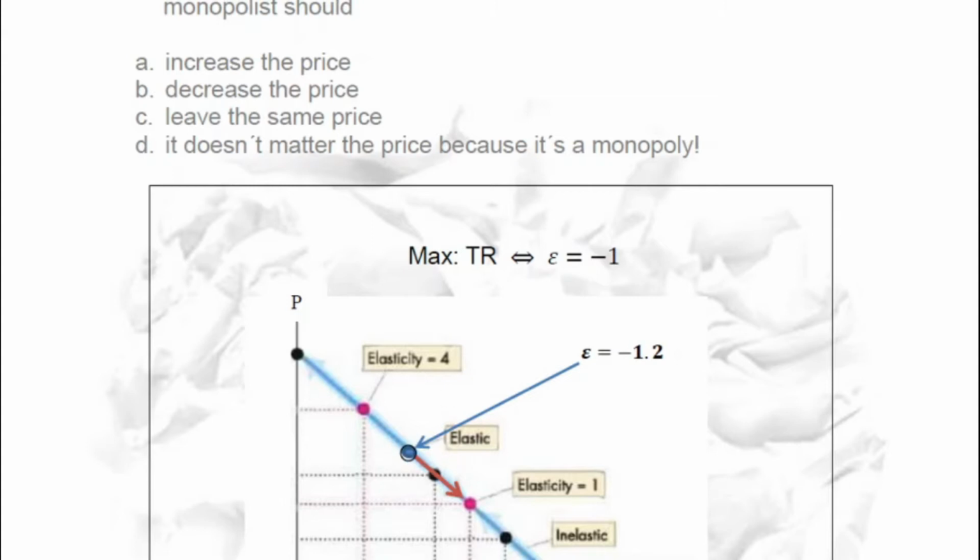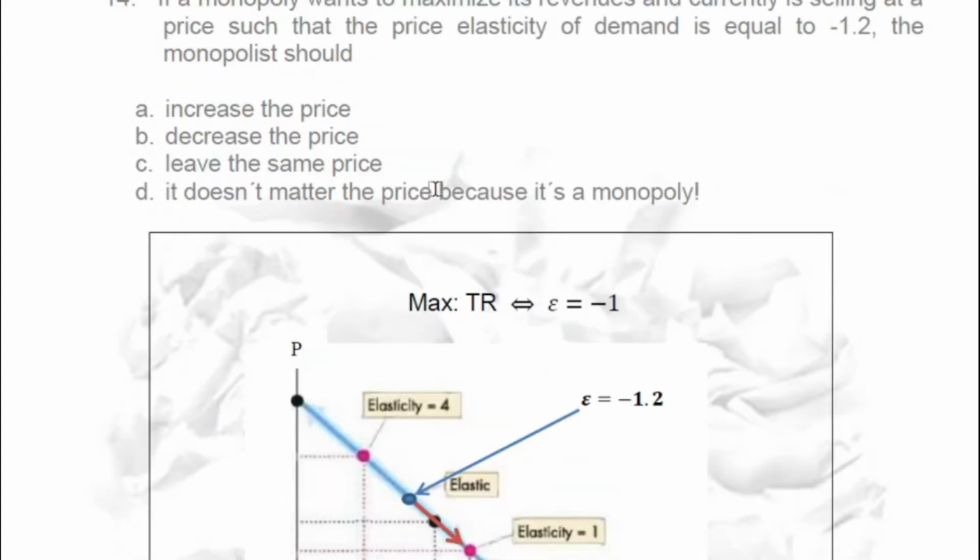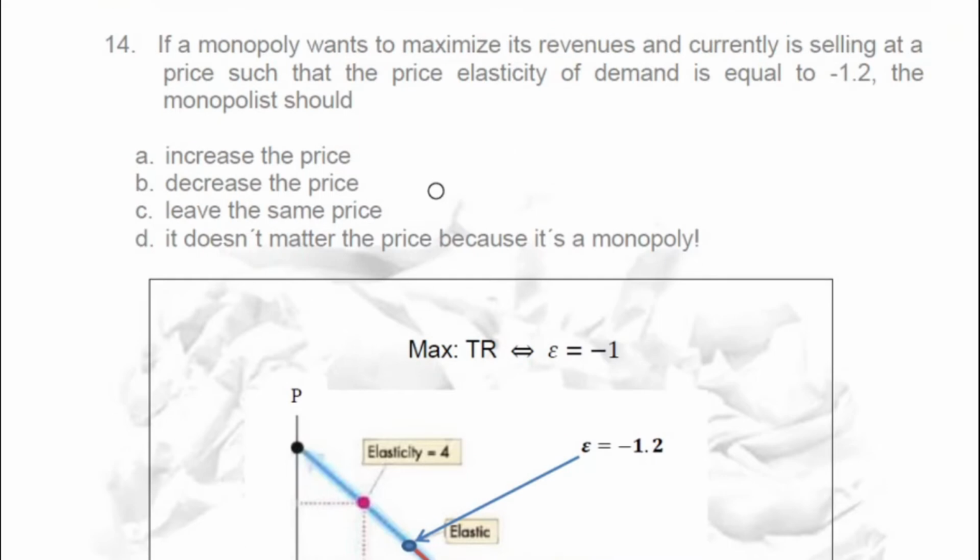So maybe if it wants to maximize profits, it's doing okay, but if it wants to maximize its revenues, it should go to this point where the price elasticity of demand is minus 1. So it should decrease the price. Okay, be careful. Okay, so it's B.